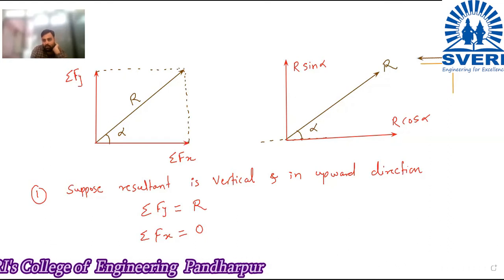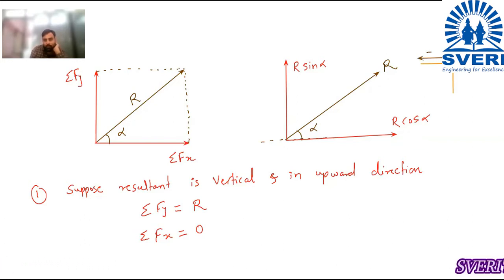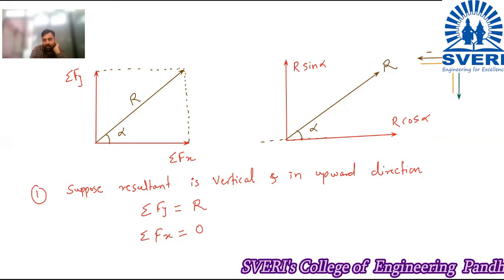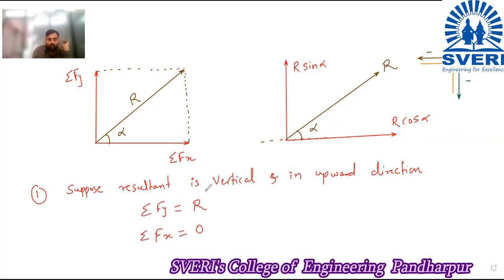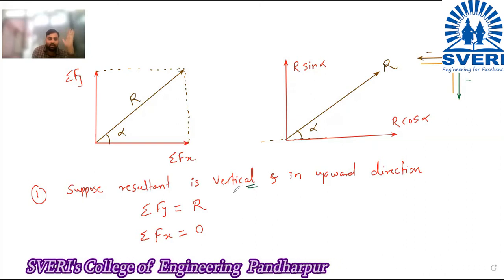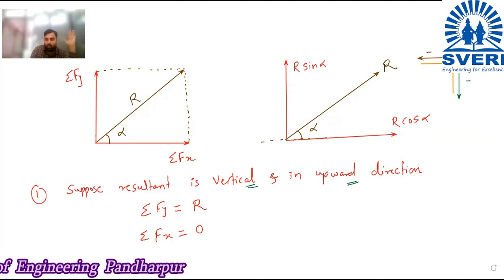So this force is positive, this force is negative. Then for the vertical force, if the force is moving in upward direction, then it is positive. If the force is moving in downward direction, then it is negative. These are our sign conventions. Now here the resultant is vertical, so it is parallel to or along the y-axis and in upward direction. Upward direction means moving upward, so it should be plus. So fy is equal to plus r.